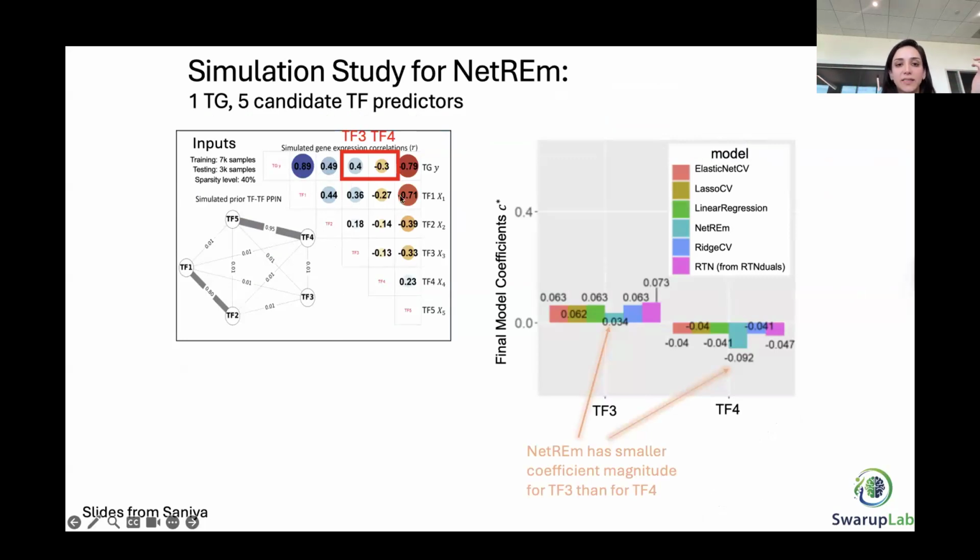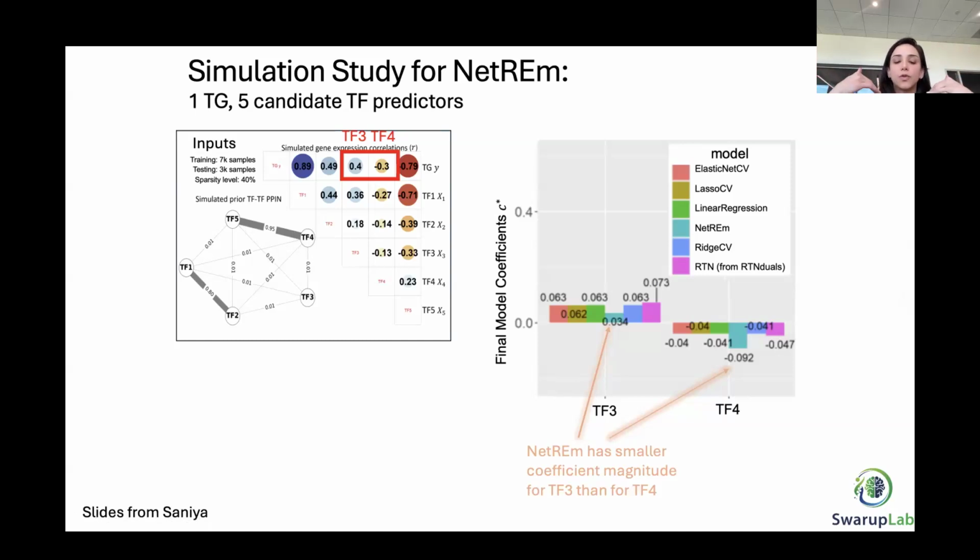So what NetREm does is consider the high affiliation with a known transcription factor that is known to have a high effect on gene expression of Y, and based on that gives a higher weight to transcription factor 4.